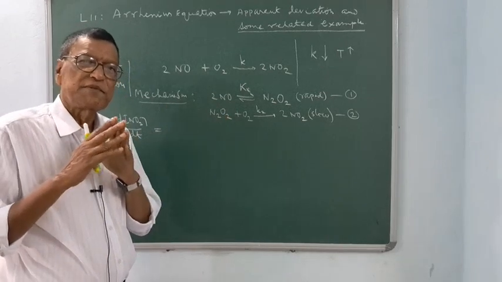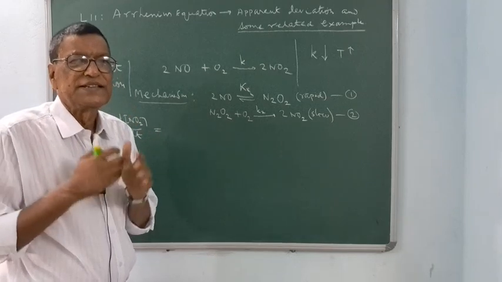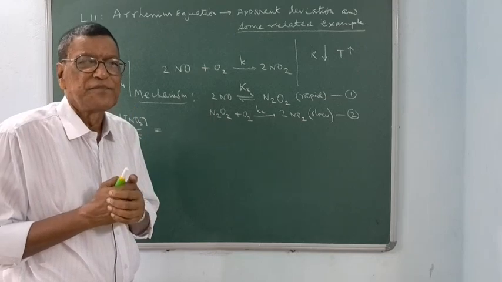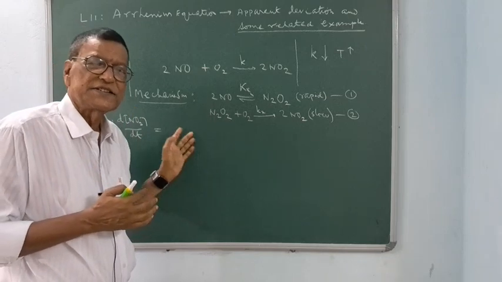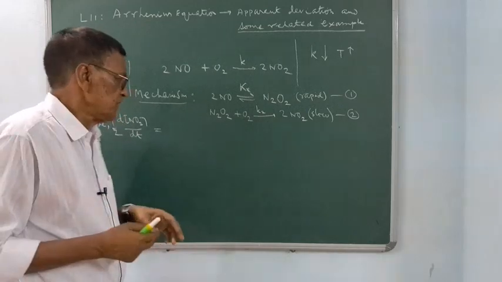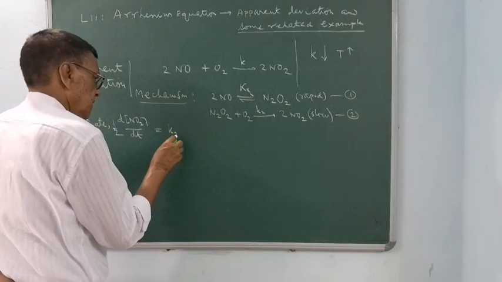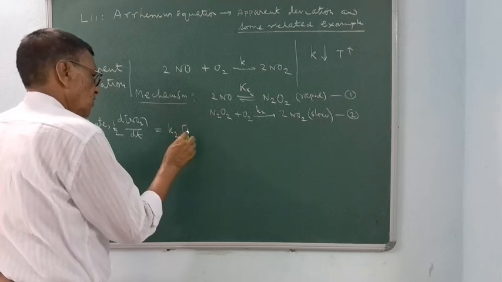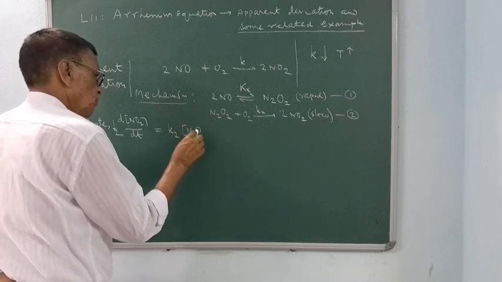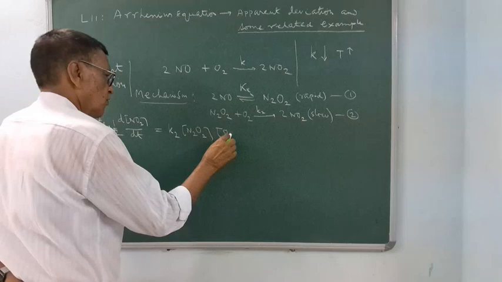If the suggested mechanism gives you the exact value of k, then the suggested mechanism is found to be correct. So this is k2 times the concentration of N2O2 and the concentration of oxygen.